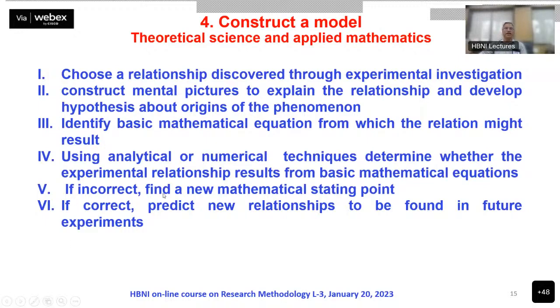If incorrect, find a new mathematical starting point. And if correct, predict the new relationships to be found in future experiments. So you can give a new theory that this behaves this way, not the one published in the literature. So I'm sure that many of the theoretical physicists and applied mathematicians are using this kind of research tool.